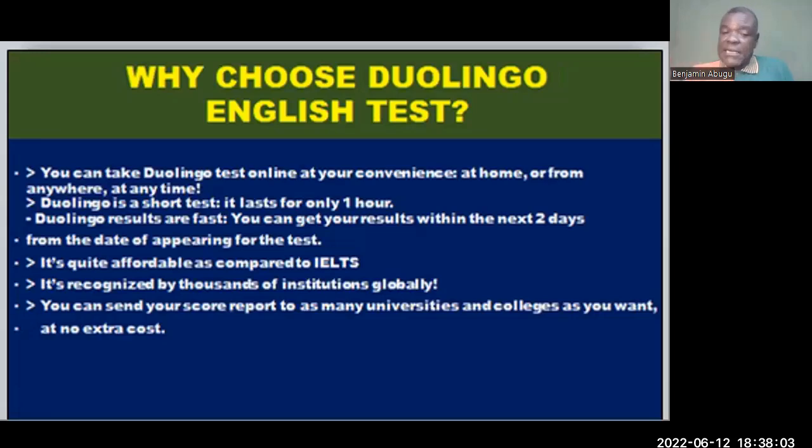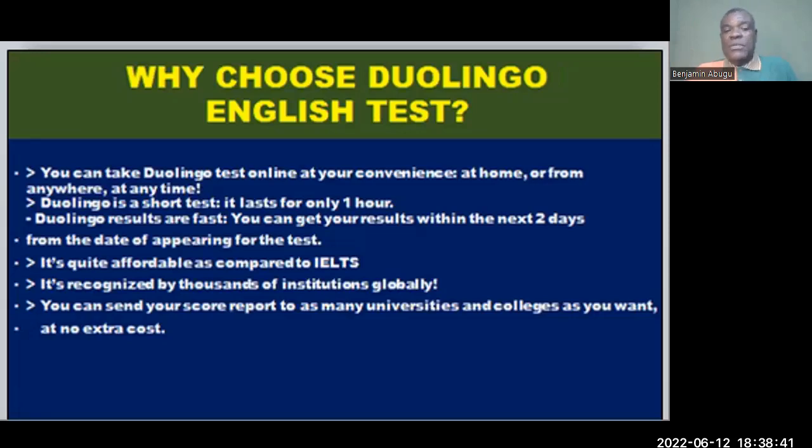Then it enables you to get your results fast, within 48 hours, all right? You can get your results, unlike in IELTS and others where it takes up to 2 weeks, right? Then another advantage is that it's quite affordable. You pay $49 for Duolingo English Test, unlike IELTS that in some cases charge hundreds of dollars.